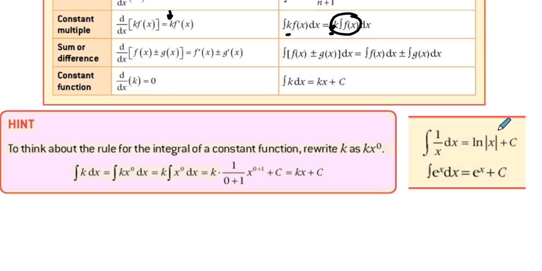It's absolute value because you can't take the natural log of a negative number. So that's why it's the absolute value of x, because sometimes we might have a negative x value, but in order to do the problem, we will have to take the absolute value of it. You'll see some problems in our work. You'll see where it comes up. And then if I integrate e to the x, it's just e to the x, but don't forget the plus c. Don't forget the plus c for either of these two, or in essence, any of them.